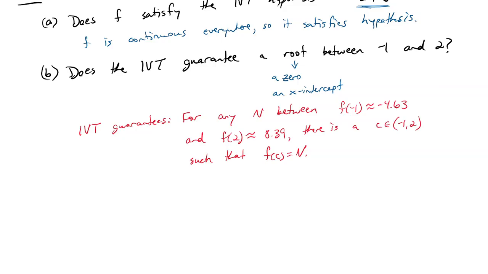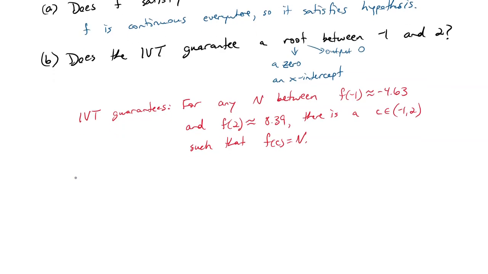So how can we use this to answer the question? Well, in this case, we want a root, which means we need to output 0. So can we choose an output of 0 and get a conclusion here? And the answer is yes, we can.